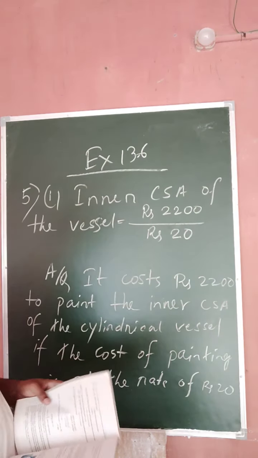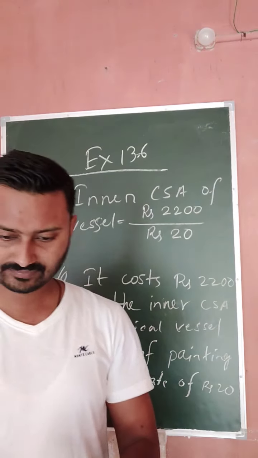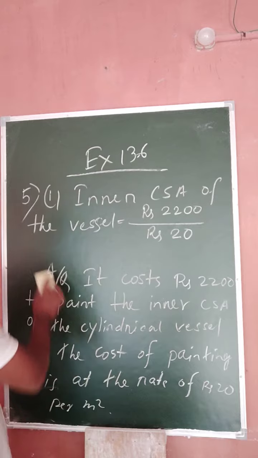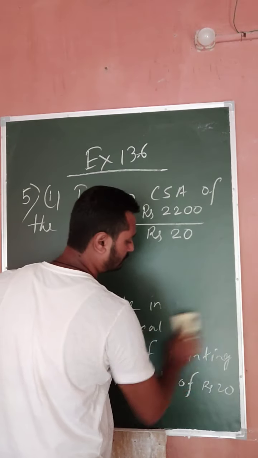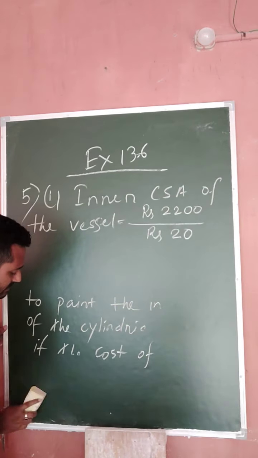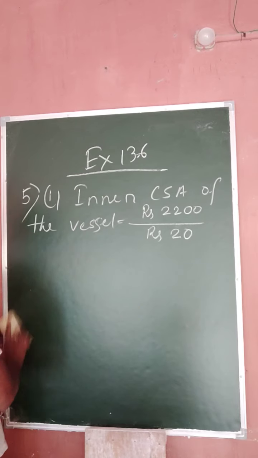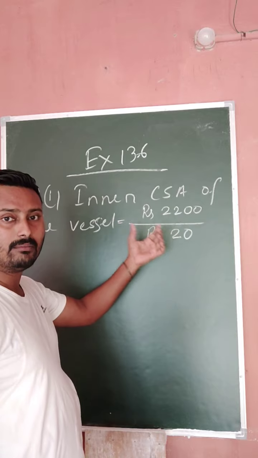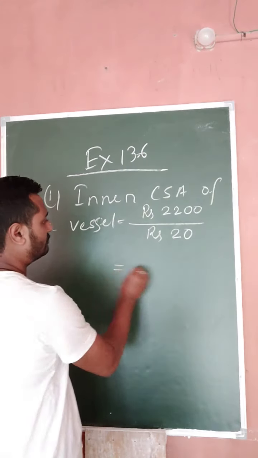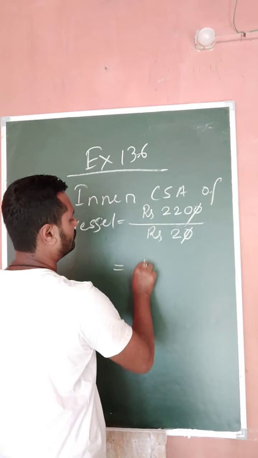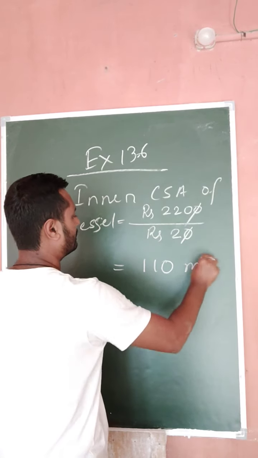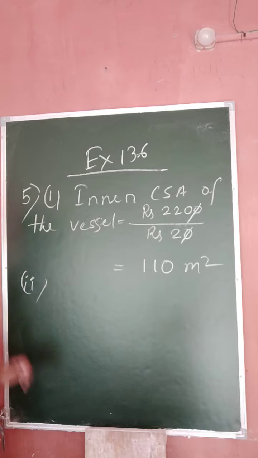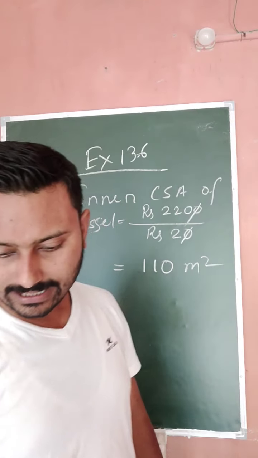Because the total amount is 2200 and for 1 meter square the cost is rupees 20, we find the total money spent divided by the money for 1 meter square. So this will cancel, giving 110 meter square.